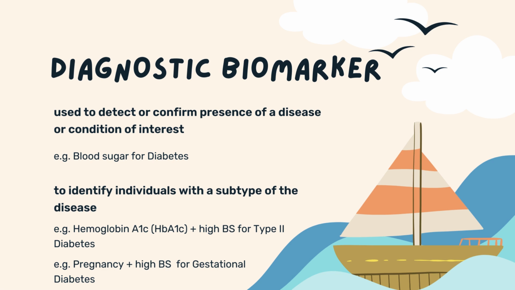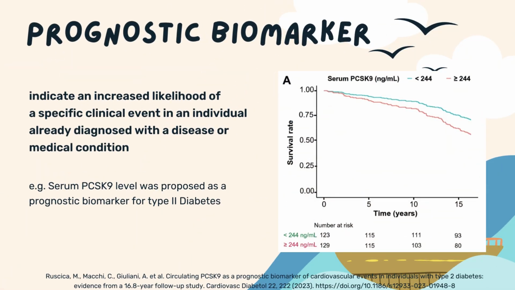And for pregnancy, if you are pregnant and also have a high blood sugar level, it may be diagnosed as gestational diabetes. That's easy to understand. If you have those markers, you are highly likely to have that disease. That is the diagnostic biomarkers.